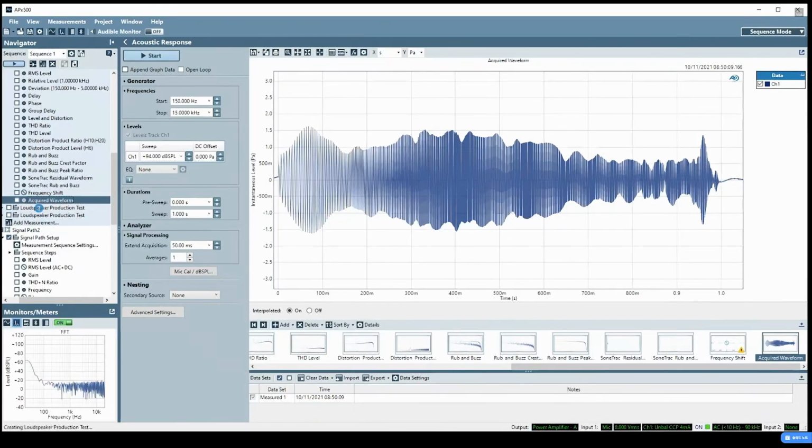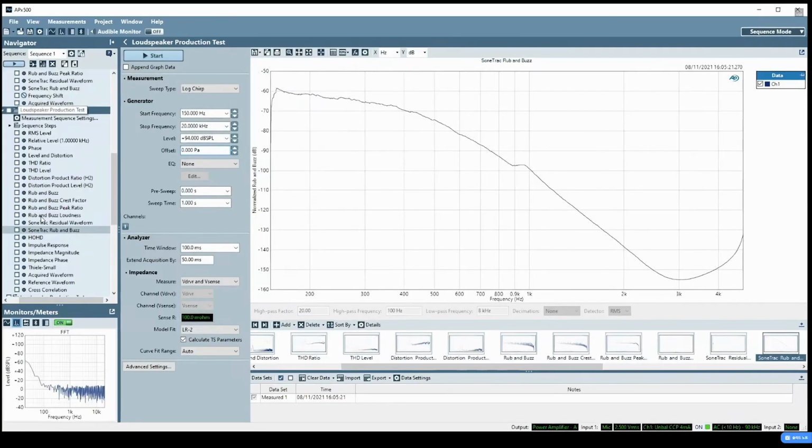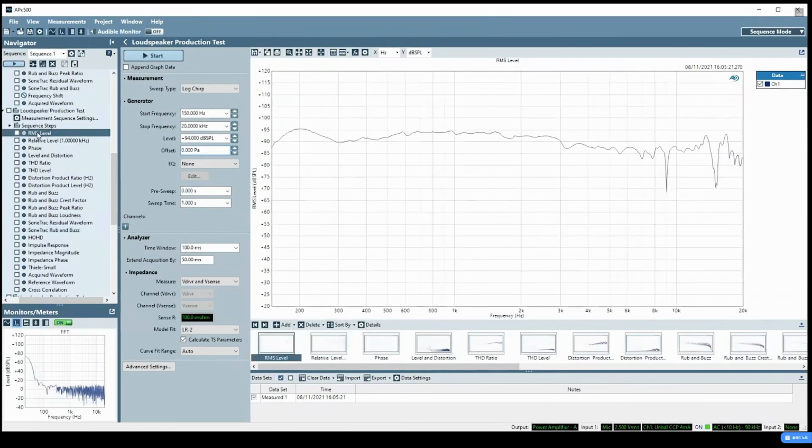So let's have a look at loudspeaker production test. So as I said, lots of similar results. Let's change this to 15K as well, so we get something that's easier to compare.